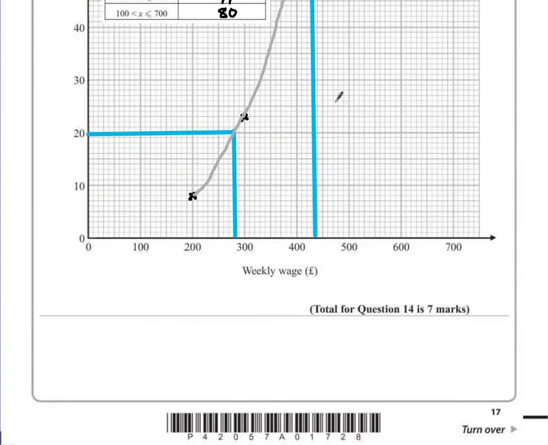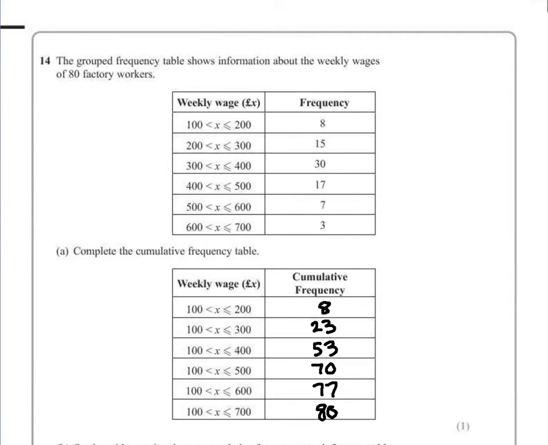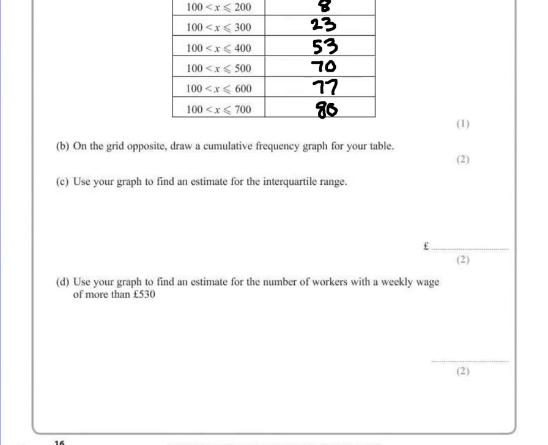So 430 and 280. 430 take away 280 means that we have an interquartile range, or the difference between those two numbers, of 150, so the interquartile range is £150.